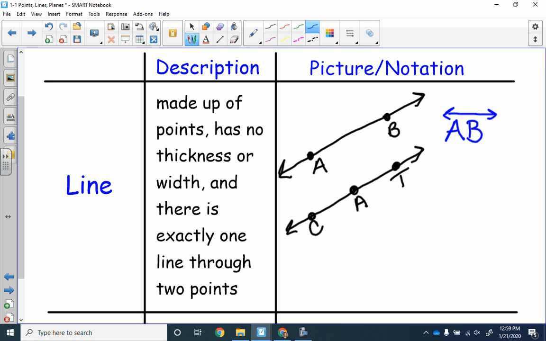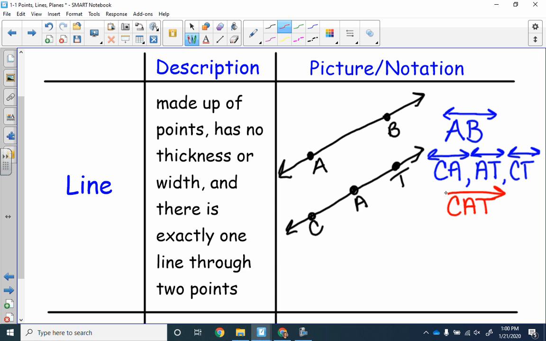So I could name this line, say, line CA. You could name it line AT, or you could name it CT. Also, you could do TC, TA, AC, but what we do not want to do is call it line CAT. Why is it not going to be there? Well, that can be mistaken for something later on.